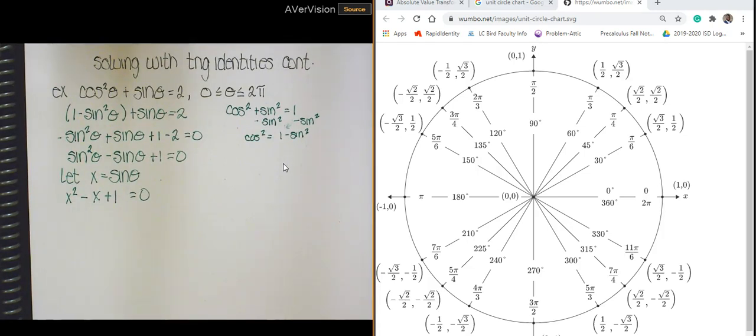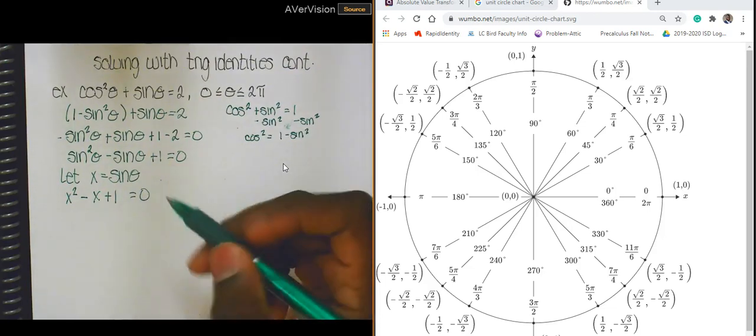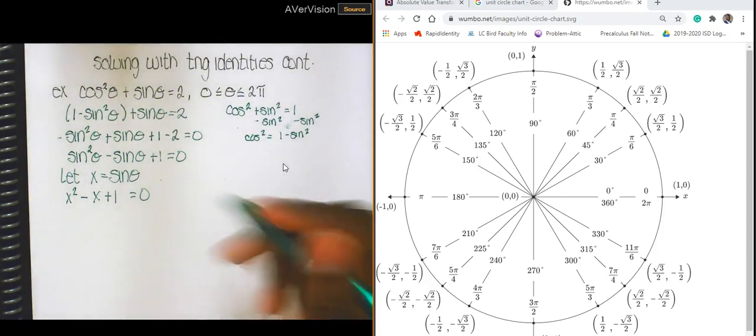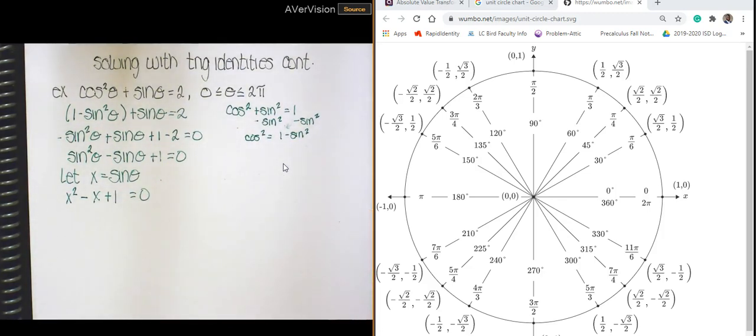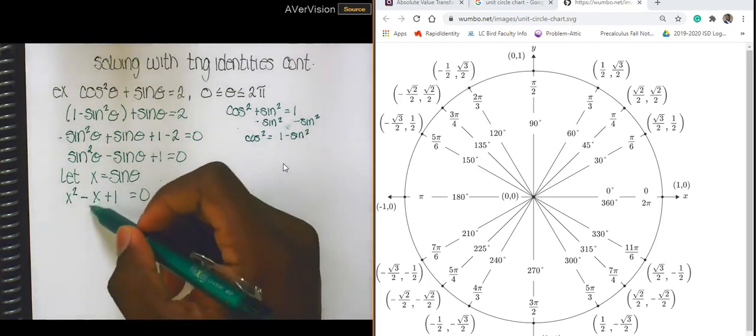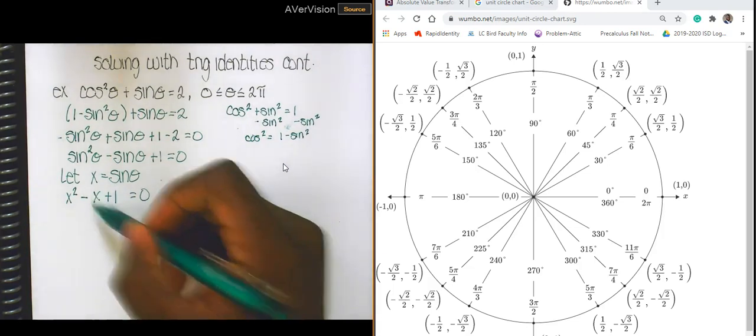Can we factor this? 1 times negative 1 is negative 1. We want a positive. Positive 1 plus positive 1 is positive 2. We want negative 1.